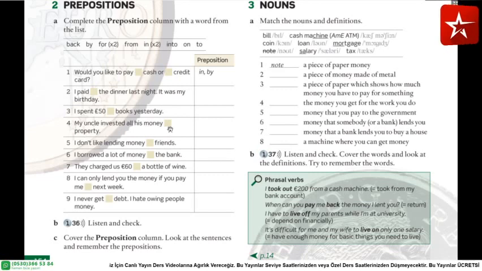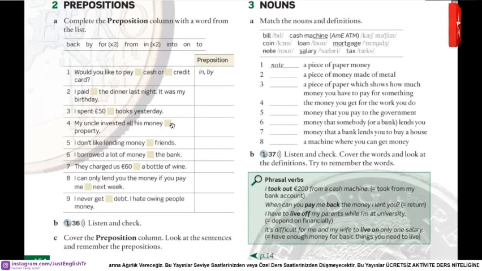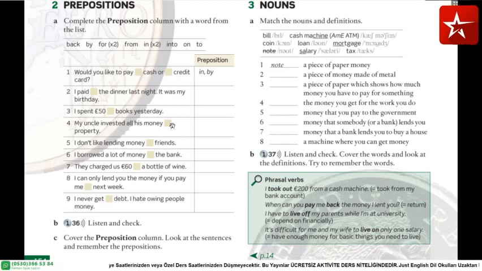Number 4, my uncle invested all his money property. All his money. And after money we should use, like, invested what? Invested. And which preposition should we use? Okay, look at the prepositions.